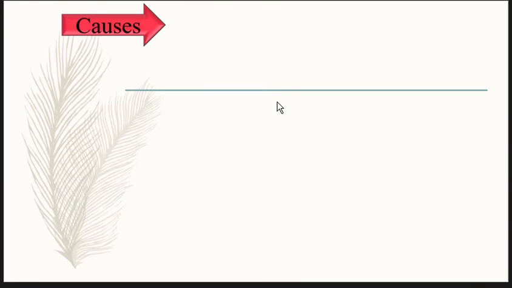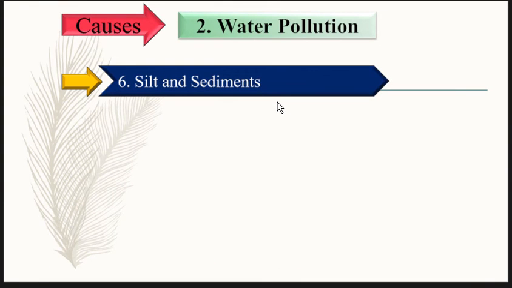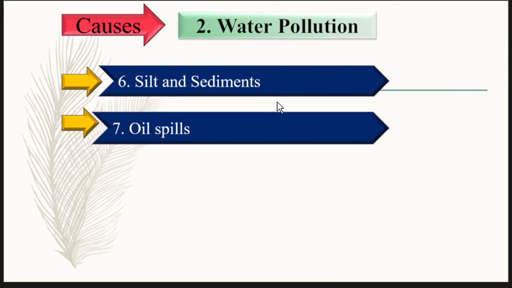Next cause for water pollution is silt and sediments. Silt and sediments from erosion of topsoil are considered pollutants because they can damage aquatic ecosystems. Next is oil spills.